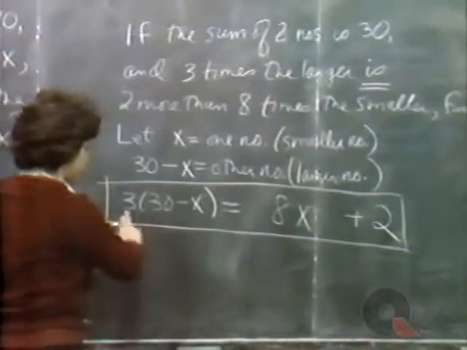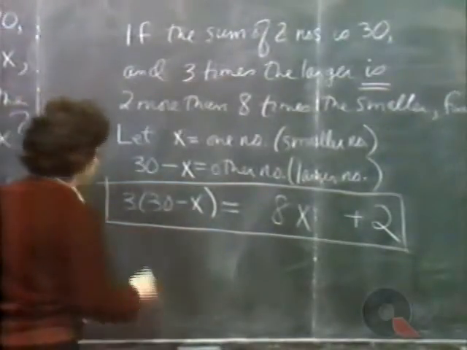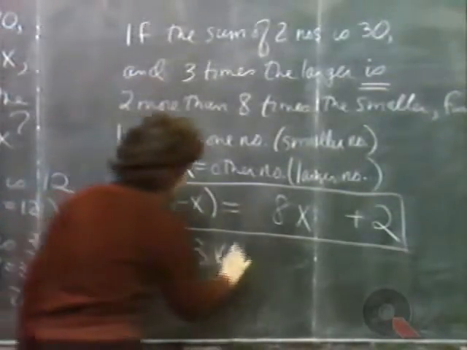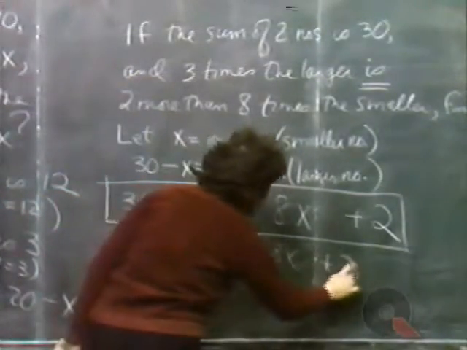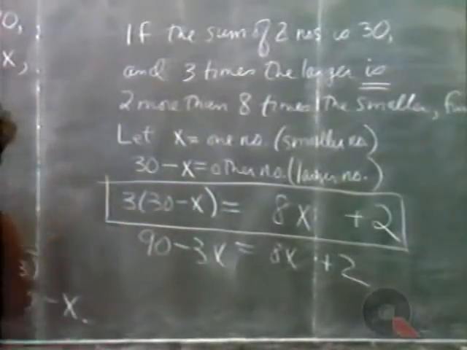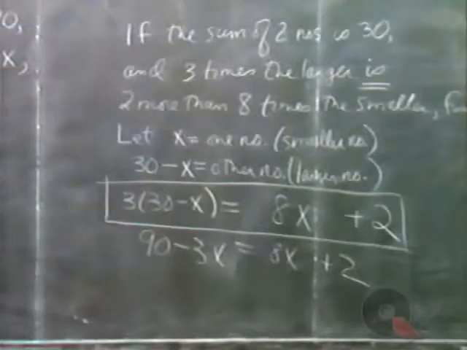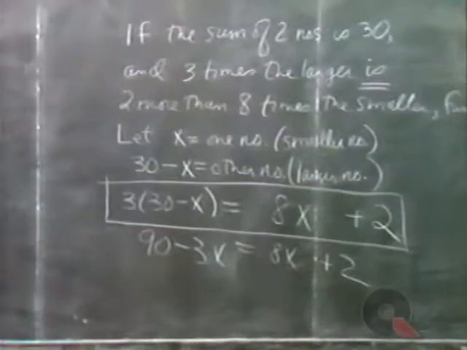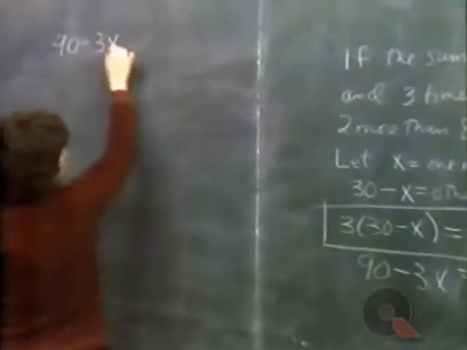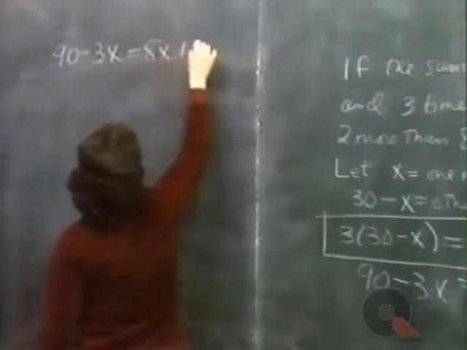Okay, let us distribute the 3 through the parentheses on the left. We get 3 times 30, that's 90, minus 3x is 8x plus 2.